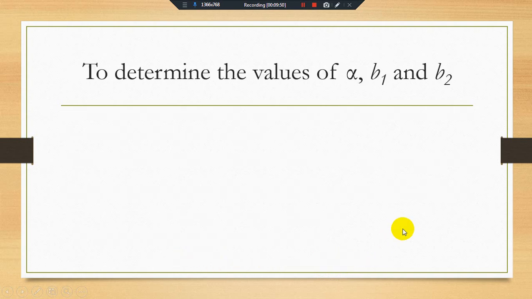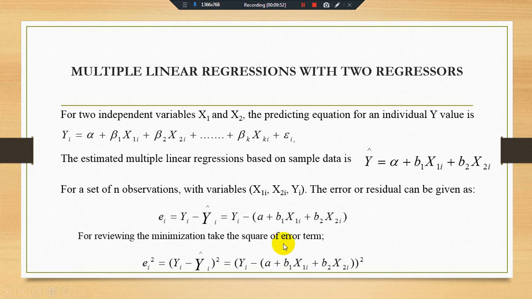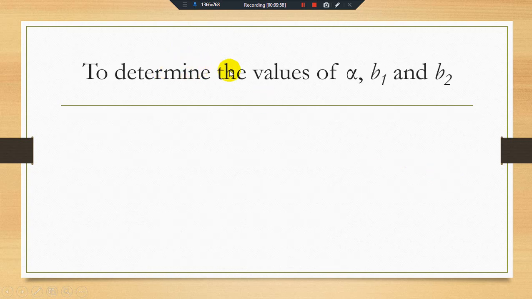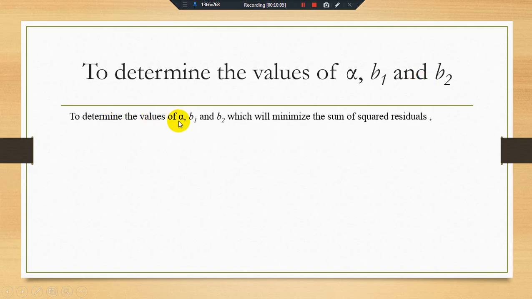Our main aim is to find the values of a, b1 and b2, the values of a or alpha, b1 and b2 which will minimize the sum of squared residuals.